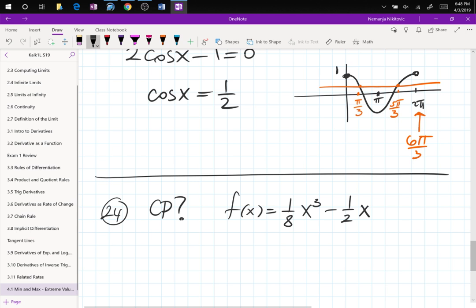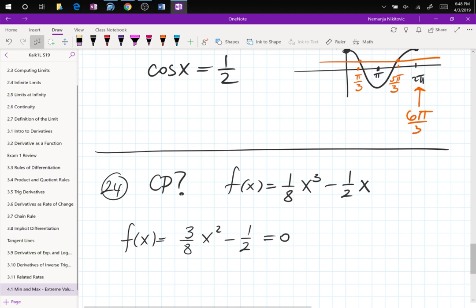Okay, so we know the rule. Take the derivative and have your 3/8 x squared minus 1/2, and that's equal to 0. To solve this equation, multiply everywhere by 8, just to make it easier.